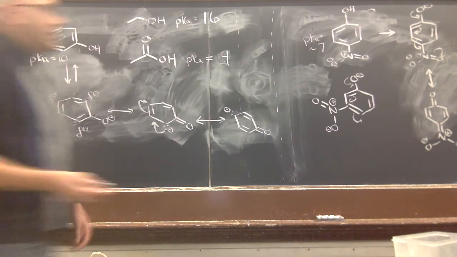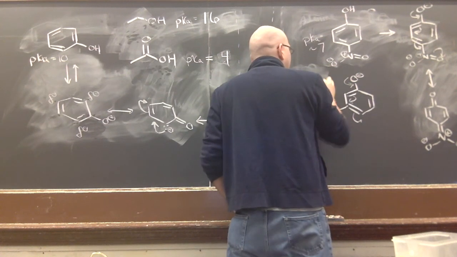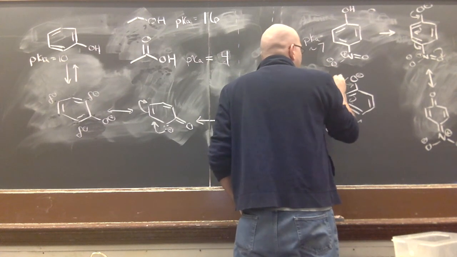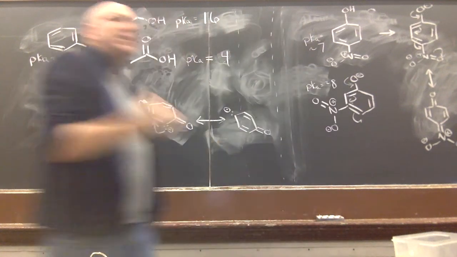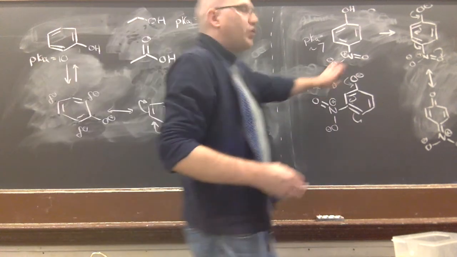And so there is actually a fairly substantial difference here in terms of pKa values. This is closer to 8. Again, it still has a withdrawing effect. Nitro is a very, very good electron withdrawing group. But you'll notice there is that difference, even though, proximity-based, this nitro is closer to where that negative charge would be.